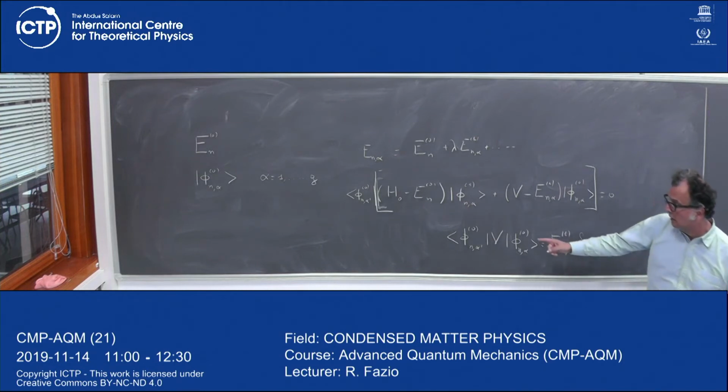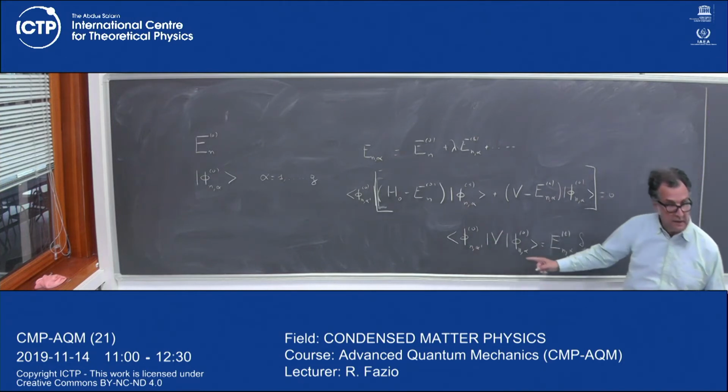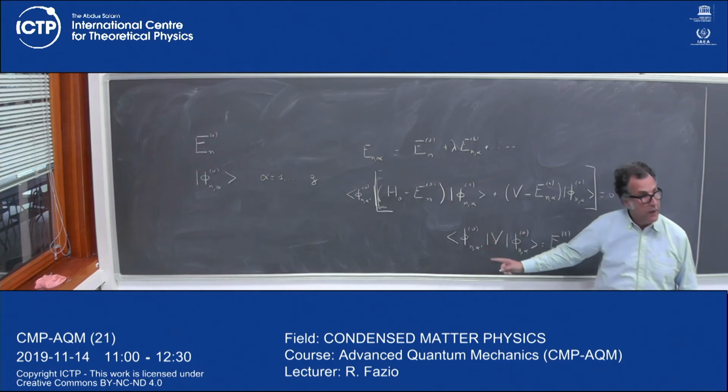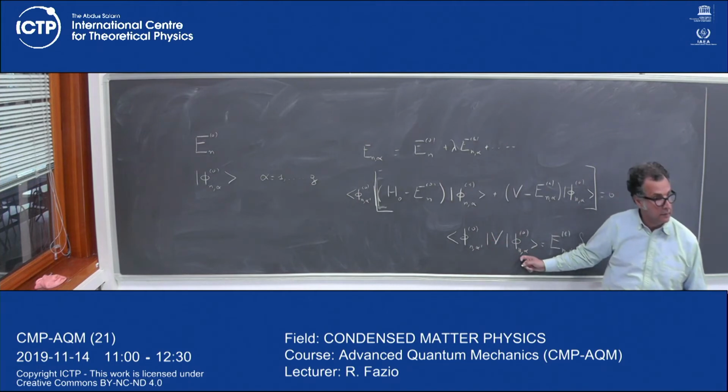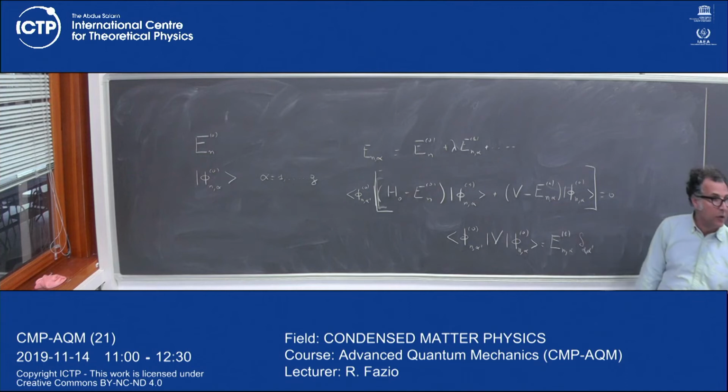So diagonalizing this V gives you the first correction.